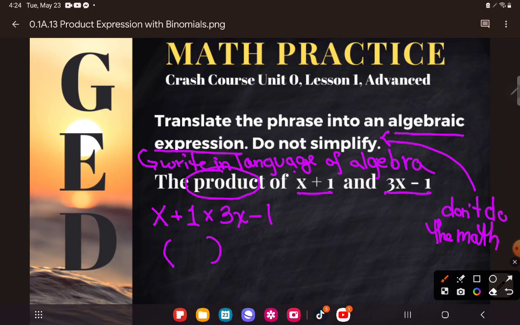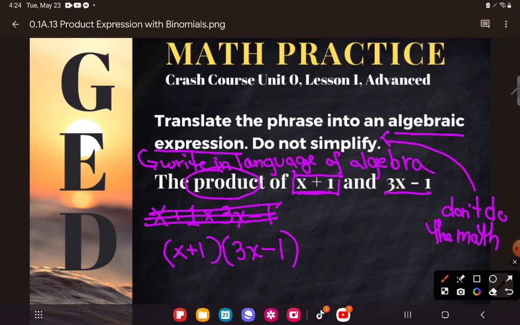And because we have this kind of complicated expression that we're multiplying with, it's not just x or just 1. It's this whole x plus 1. I want to take this whole group, x plus 1, and multiply it with a whole other group, 3x minus 1. Those parentheses are absolutely crucial. The times sign will not be strong enough.